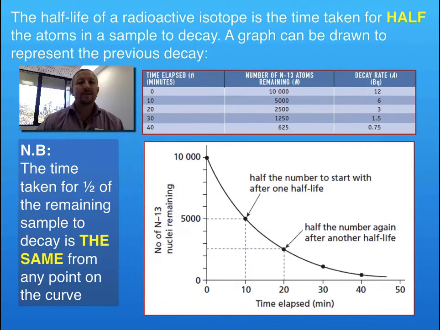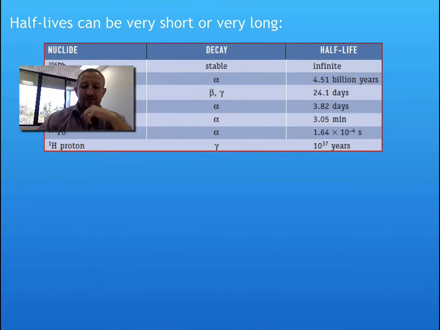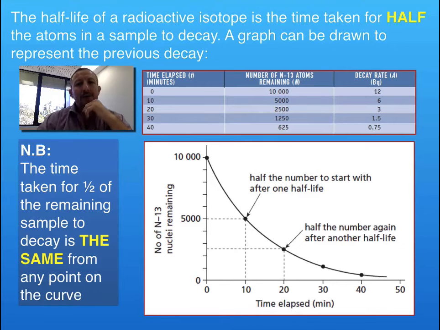Now obviously this half-life can be put onto a graph. If we know the time it takes for those disintegrations to occur, we can plot that onto a graph. You can see in the table there, we've got time elapsed in minutes, the number of N13 atoms remaining, and the decay rate on the right hand side.